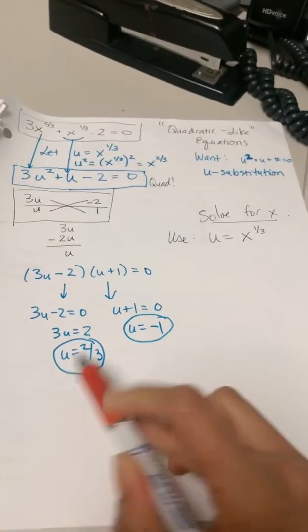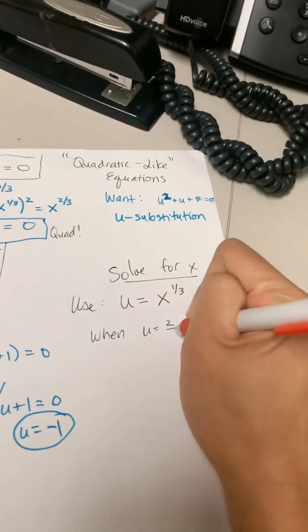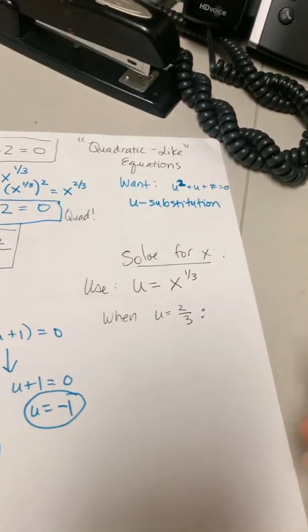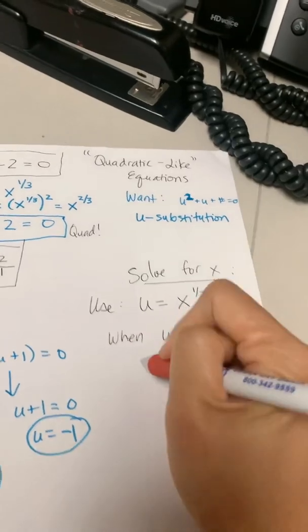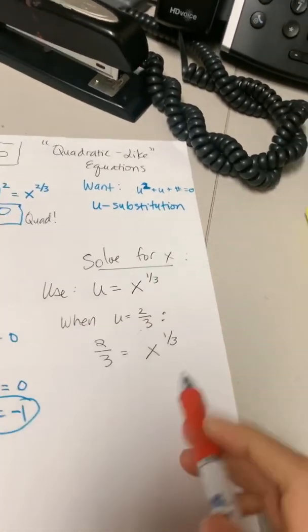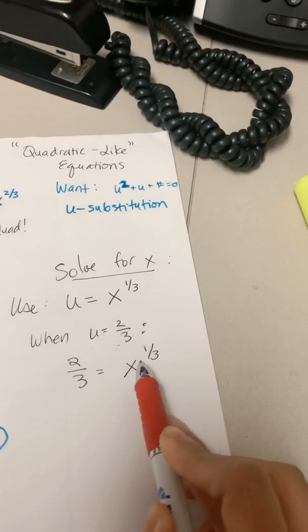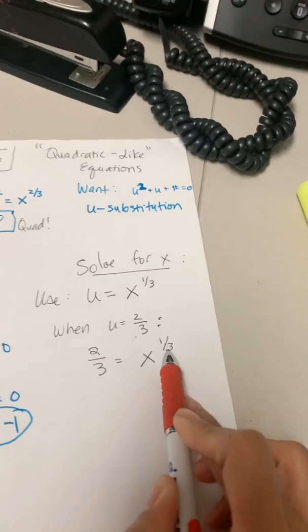So here I have u is equal to 2/3. When u is equal to 2/3, what is my x? So 2/3 is equal to x to the 1/3. How do I solve for x? Well, I want x to be sitting by itself with the power of 1, right?